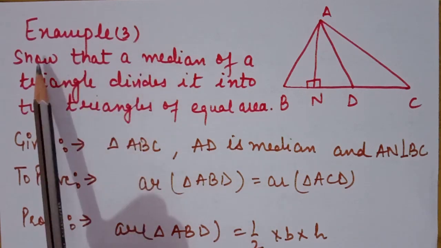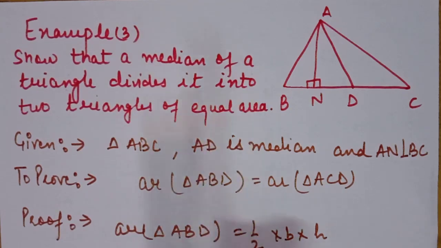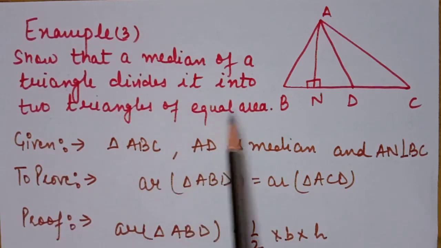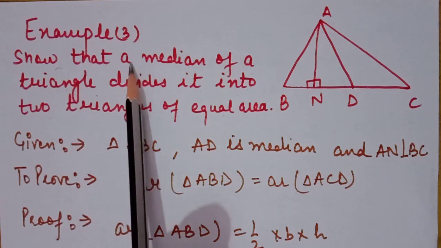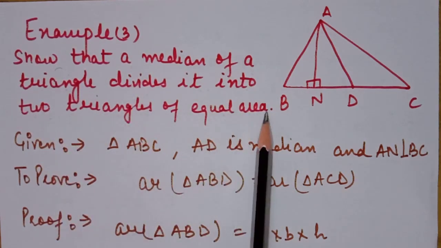Example number 3 is, show that a median of a triangle divides it into two triangles of equal area. It means we have to prove that if a triangle is with us and we have a median, then that median divides the triangle into two equal areas.